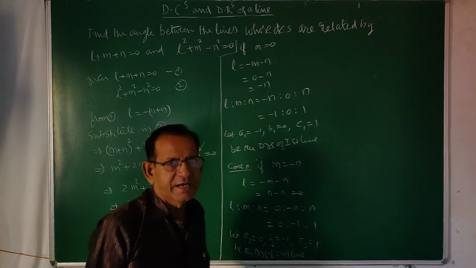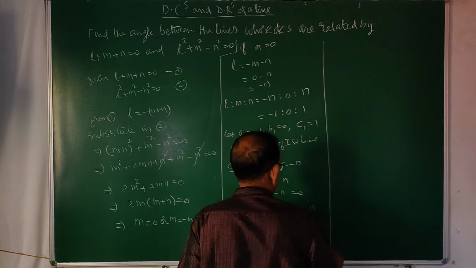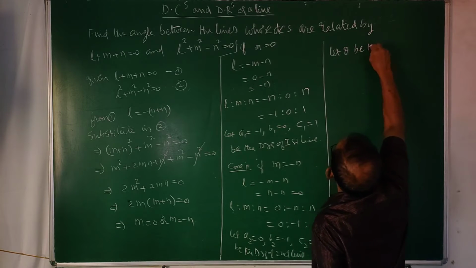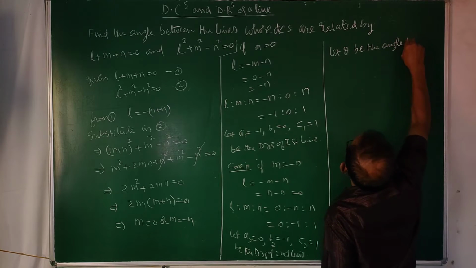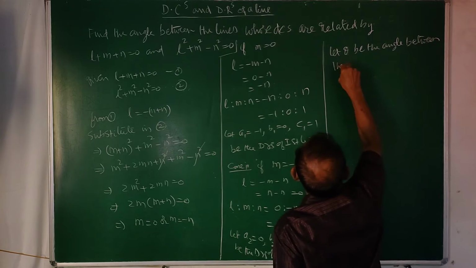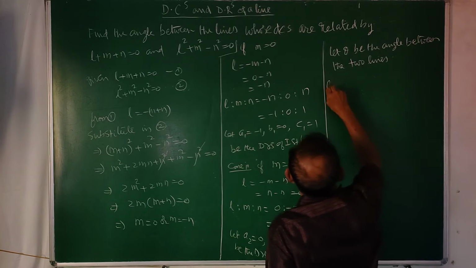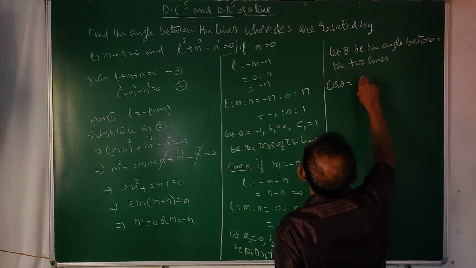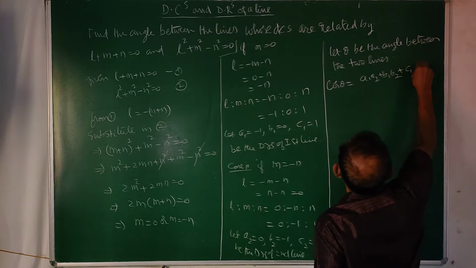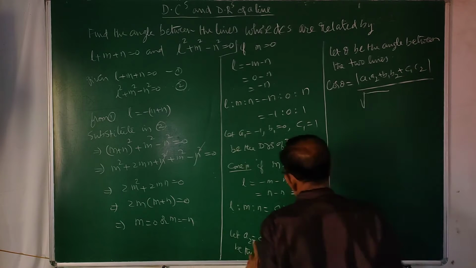Now let us take the angle between the two lines as theta. Let theta be the angle between the two lines. Formula for cos theta: a1 a2 plus b1 b2 plus c1 c2 by root of, because these are DRs.